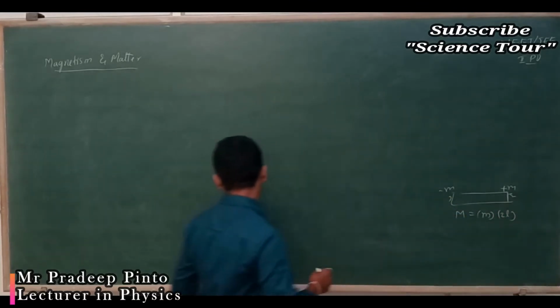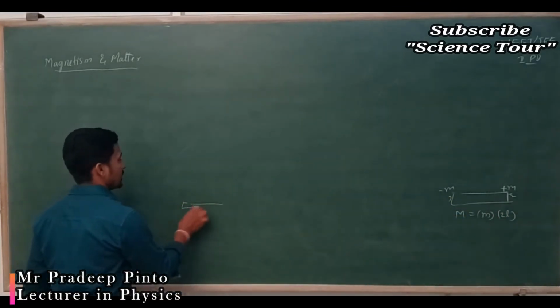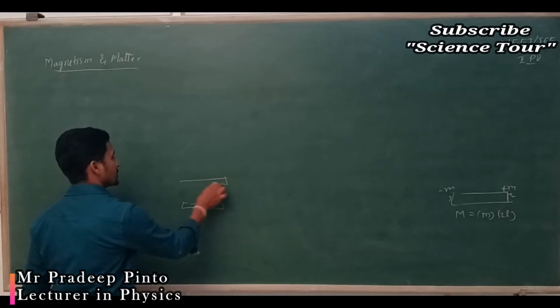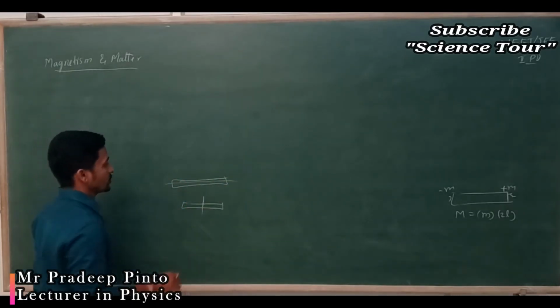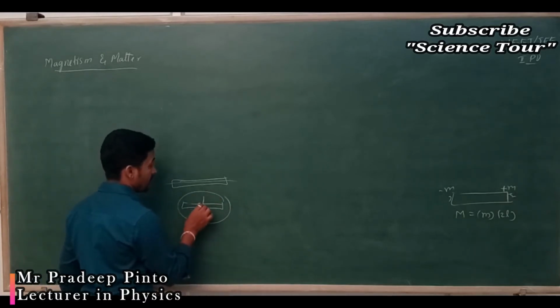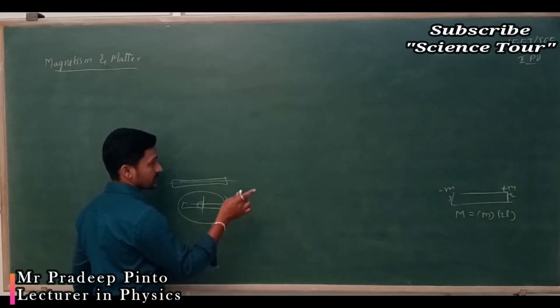Now, we just discussed dividing the magnet like this and dividing it up. Here the magnetic pole strength remains the same, isn't it?